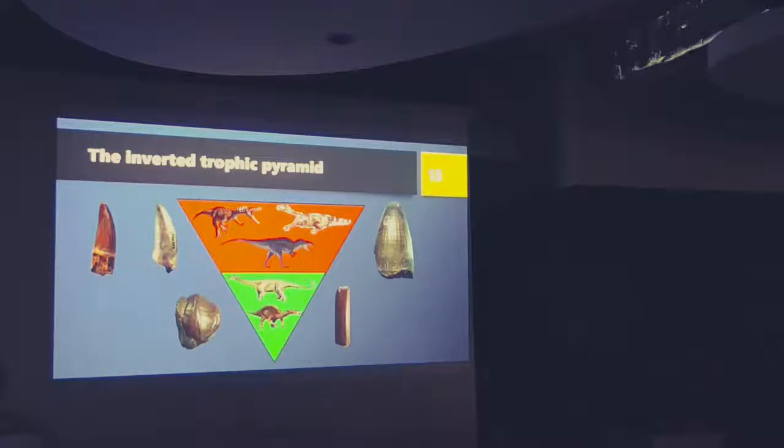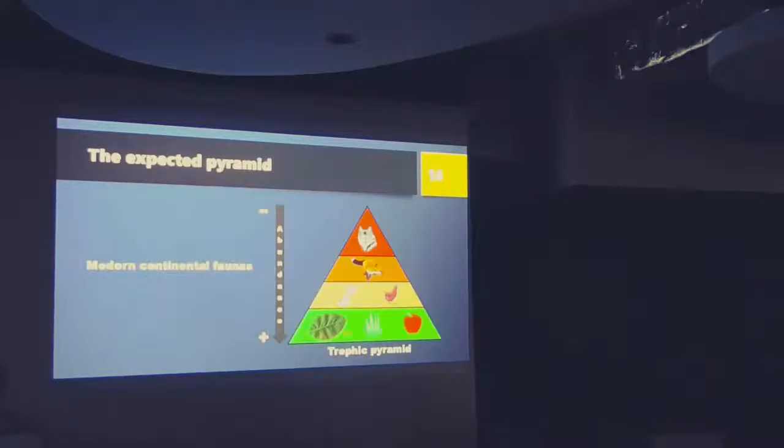This is really weird, because what we would expect is a classic trophic pyramid, with abundance decreasing from the plants to the tertiary predators, with the primary and secondary consumers in the middle. And this is how modern continental faunas work.